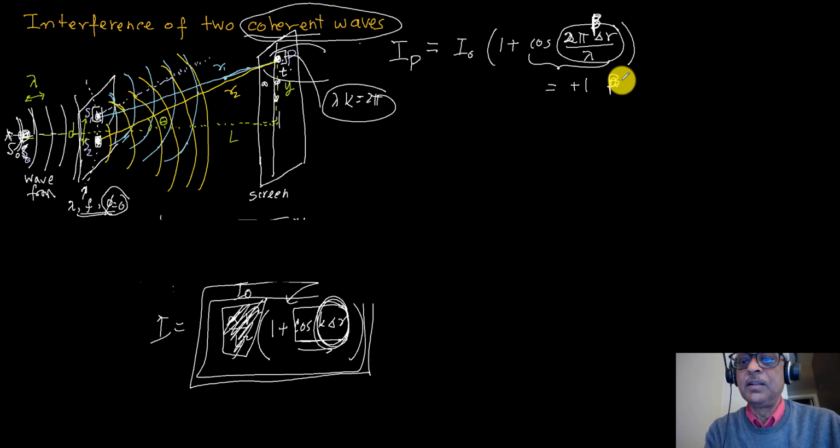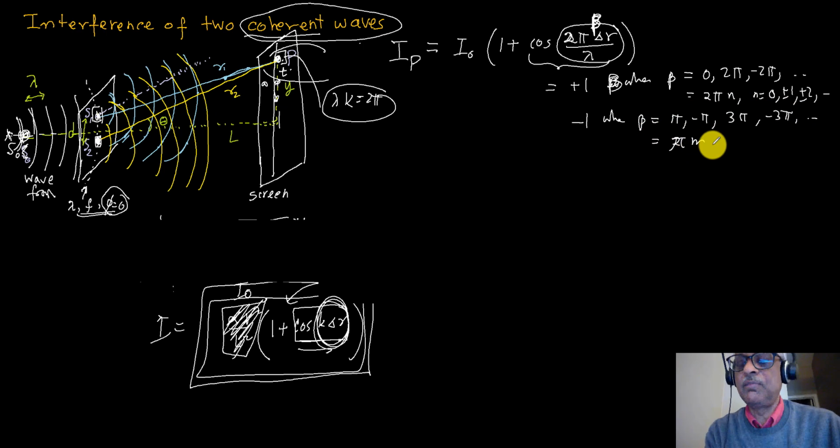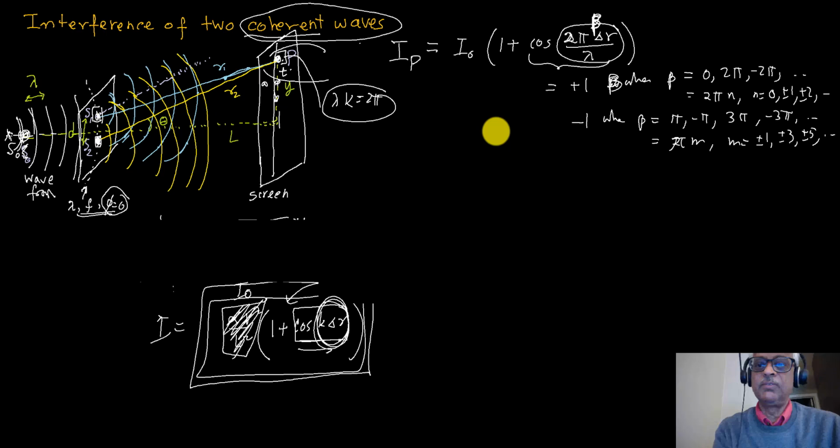So when beta equals 0, 2 pi, minus 2 pi, etc. So when beta equals 2 pi n, with n equal to 0, plus minus 1, plus minus 2, etc. And it's going to be minus 1 when beta equals pi, minus pi, 3 pi, minus 3 pi, etc. So that's equal to pi times m, and m is some odd number, plus minus 1, plus minus 3, plus minus 5, etc.